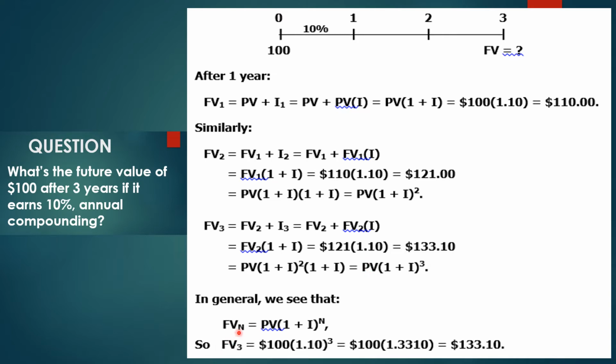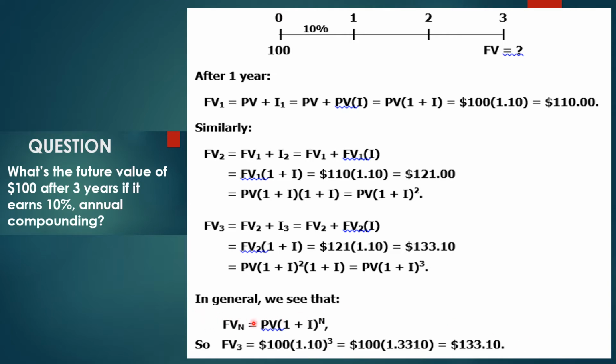If the number of years is 3, then n is 3. So the future value after 3 years is equal to 100 times 1.10 raised to 3, and we get the same 133.10.